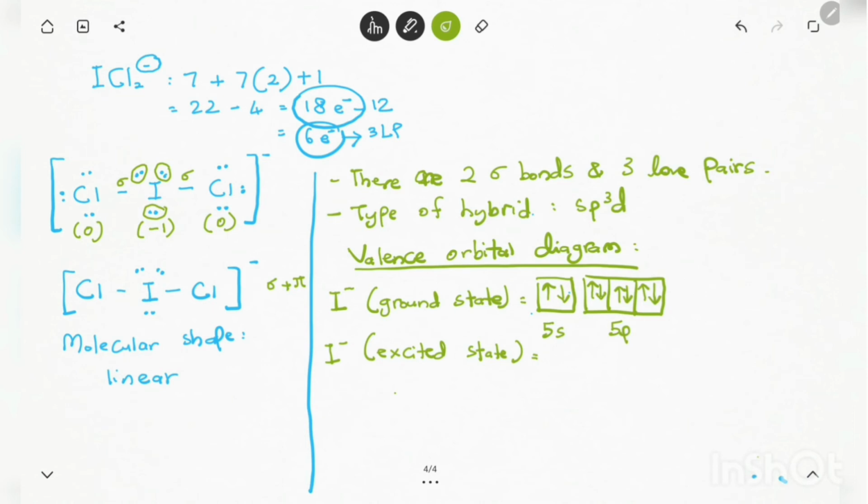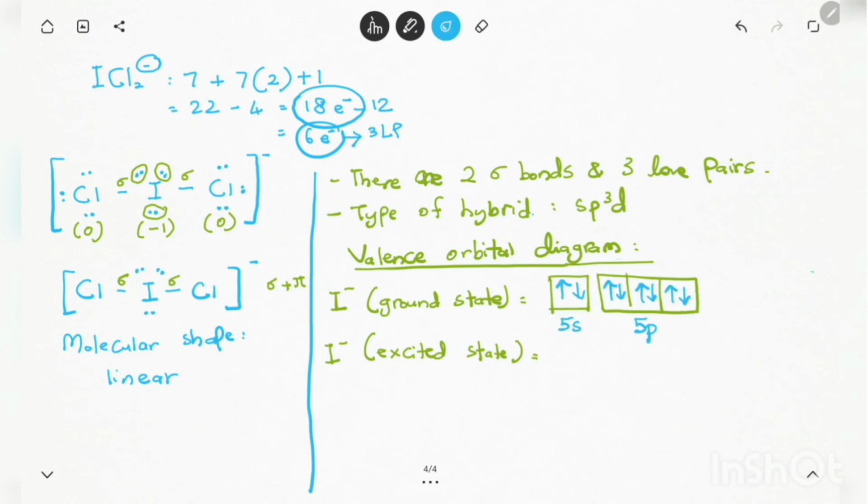Pi bonds only exist in multiple bonds, which are double bonds and triple bonds. So we have only 2 sigma bonds, meaning iodine will overlap 2 times with chlorine atoms. So for the excited state we need to prepare 2 unpaired electrons.